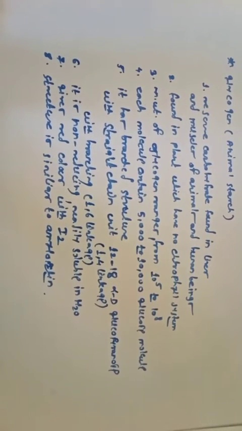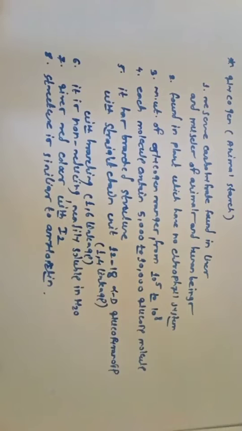The reducing sugars show a positive test with Tollens reagent, Fehling's solution and Benedict's solution, and those carbohydrates which do not give a positive test with them are considered non-reducing sugars. So this glycogen is a non-reducing sugar.